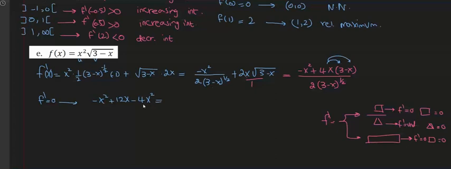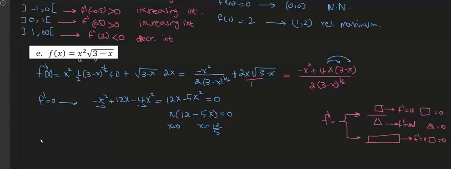We might combine the x squared together, so we'll have 12x minus 5x squared, and this is the numerator, which we will equate to 0. We might take x as a common factor, and then we will be left with 12 minus 5x equal to 0, which means that either x is equal to 0 or x is equal to 12 over 5, right?